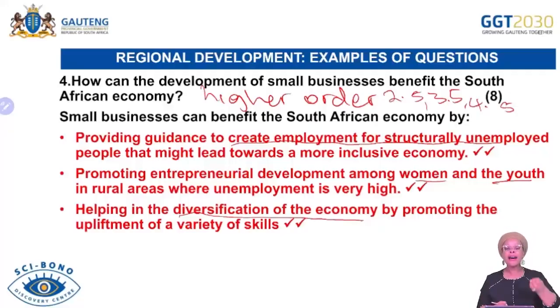The variety of skills. Some people started working in small businesses. Now they are employable in large business undertakings. Why? Because they learned their skills in a small business.